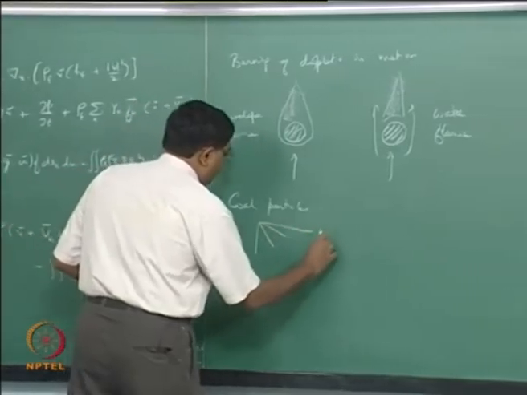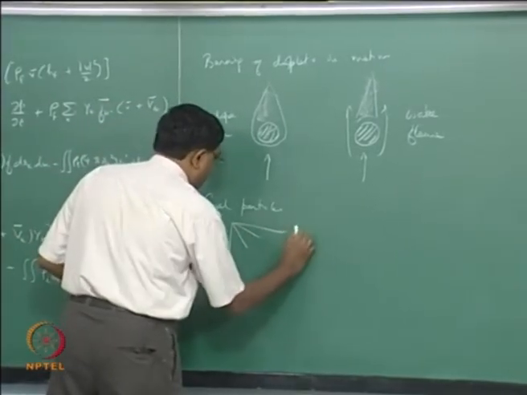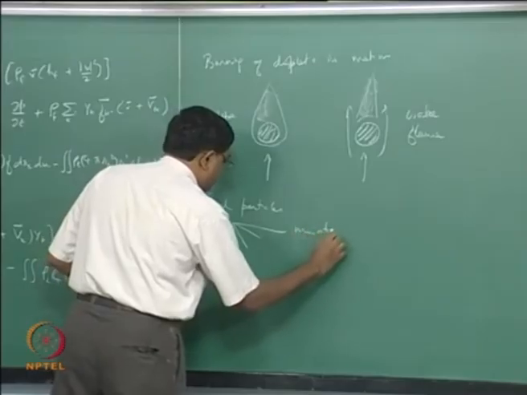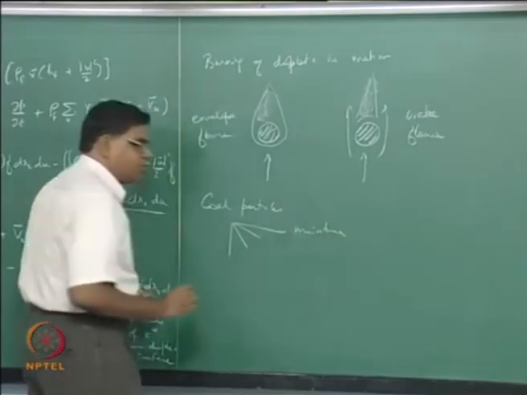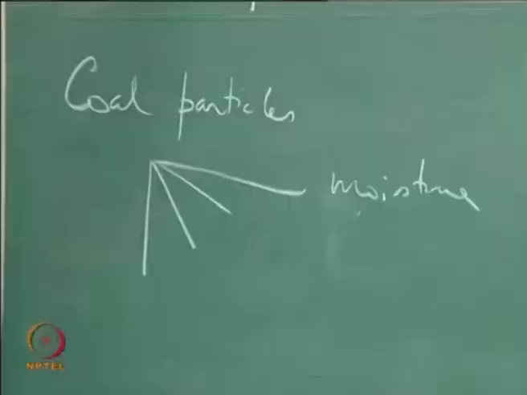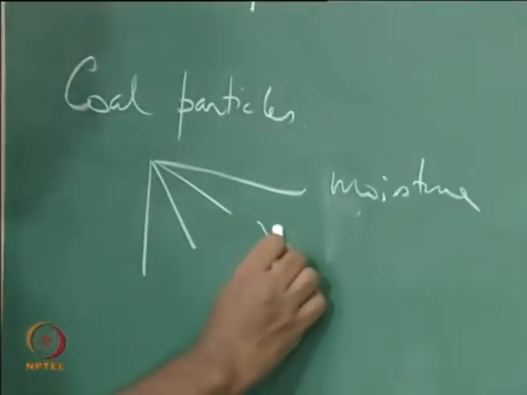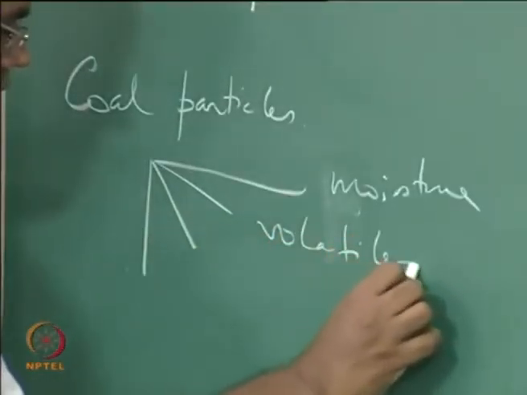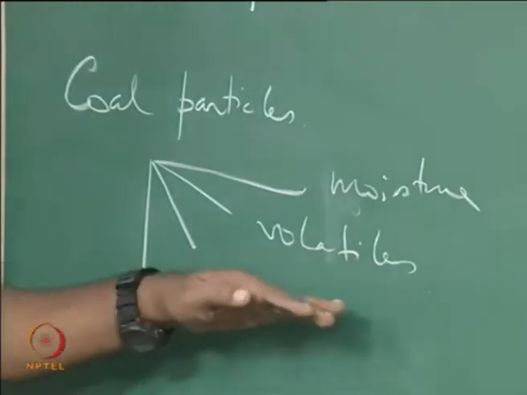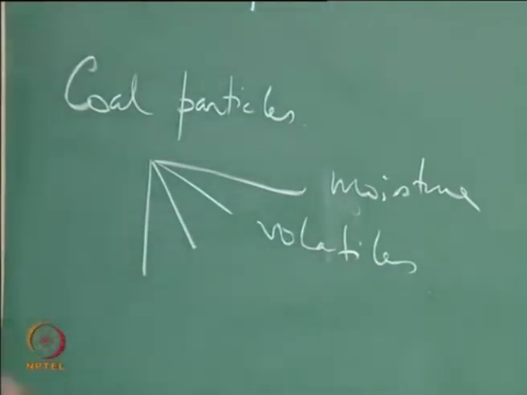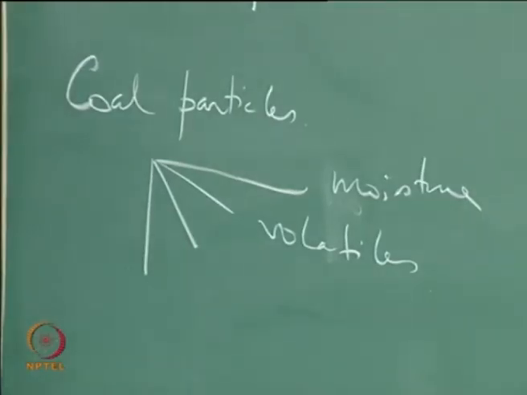First thing, you have a lot of moisture, which is pretty bad because this is not going to burn. Then you have what's called the volatiles, which is what is exactly going to burn, and burn fast, or evaporate fast, or get released into the combustion zone quite quickly.